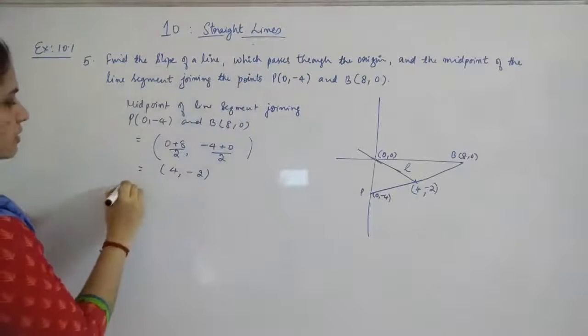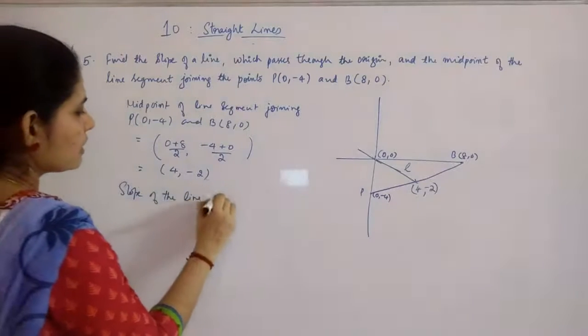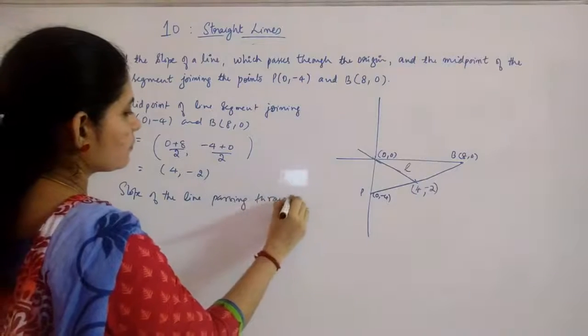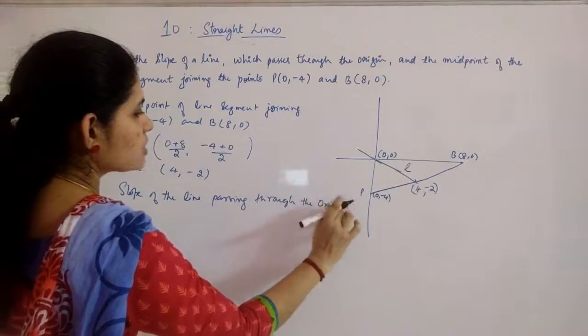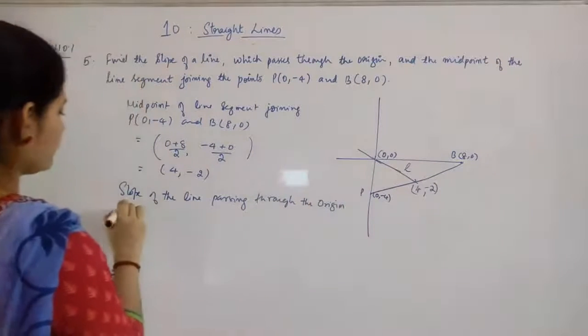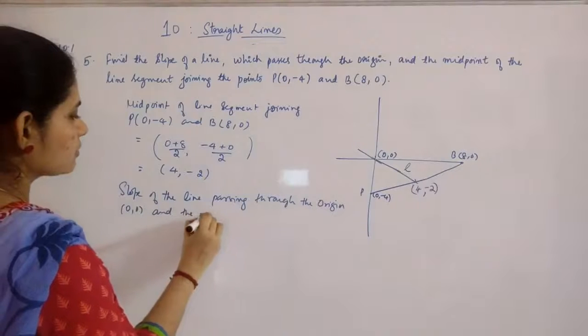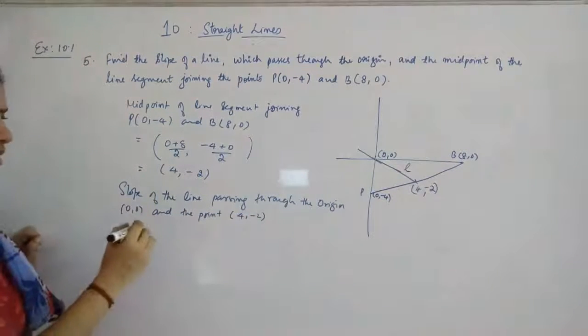the origin, which is (0, 0), and the point (4, -2). So what will be that slope?